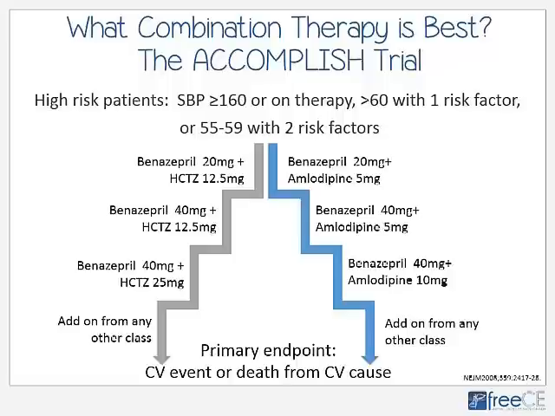And you can see the titration and the drugs used in this trial. They compared an ACE inhibitor, an HCTZ combination, to an ACE inhibitor and amlodipine combination, and stepped up the doses appropriately. The primary endpoint the authors looked at was cardiovascular event or death from cardiovascular cause.